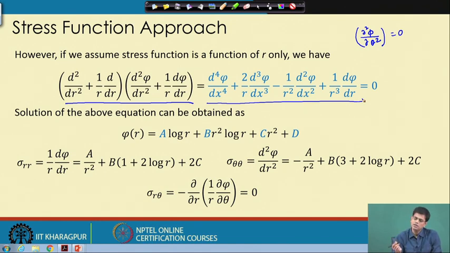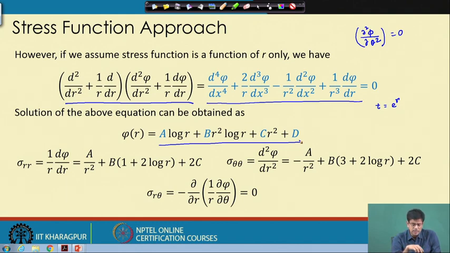If you substitute a new variable, for instance t equals e to the power r, then this differential equation can be converted to a linear differential equation with constant coefficients. Now, the solution of this differential equation can be written in this form, that is a log r plus b r square log r plus c r square plus d.